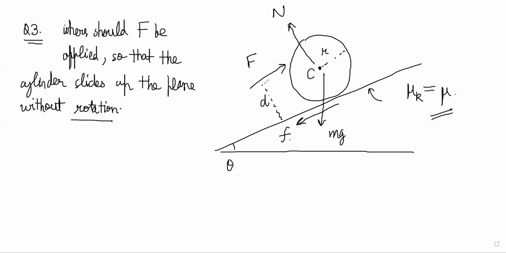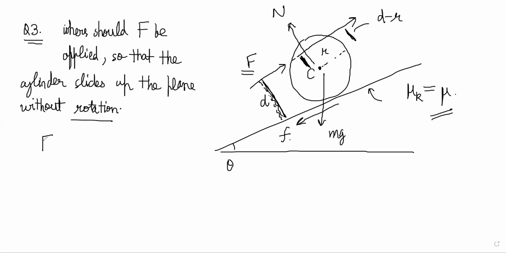So then capital F cannot act through the line joining the center. Capital F must create a torque about the center because definitely friction is creating a torque about the center. So if this distance is d, then the line of action of the force is like this, and this distance is d minus r. So we have to balance the torque.